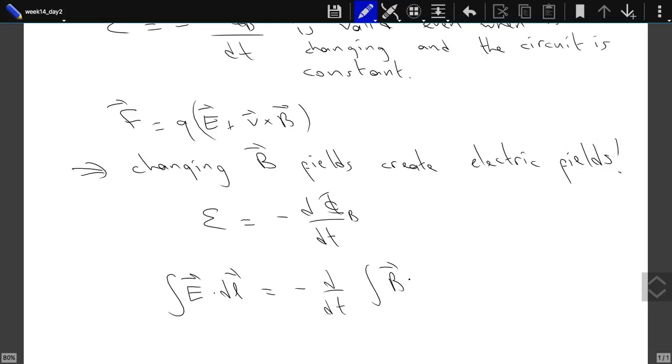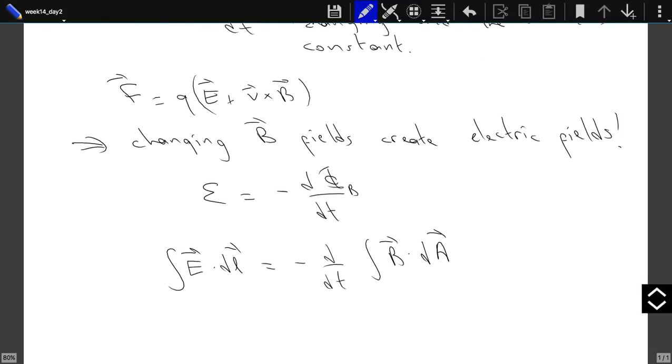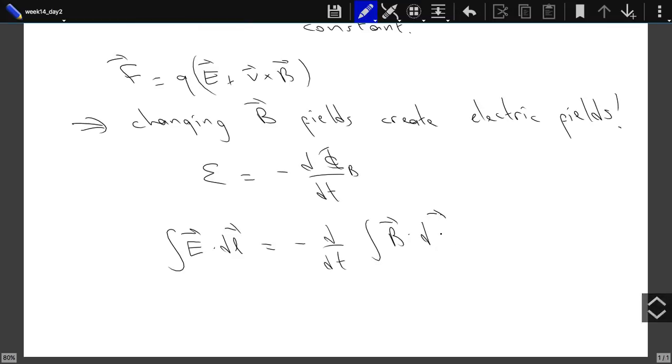This is equal to minus d by dt of the magnetic flux, which is B dot dA, well, let me say dS. The surface is not changing, so the only thing that is changing with time here is B. You see, this law is valid for any case, whether the surface is changing, whether the B is changing, etc. Now I'm applying that law to a system in which the circuit is not moving.